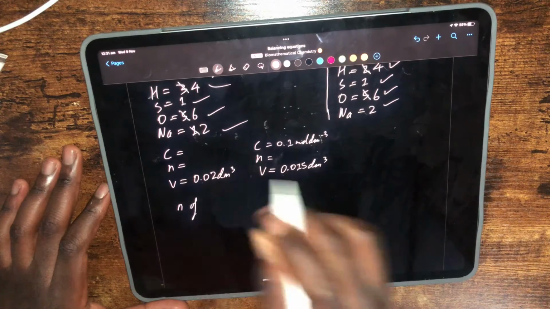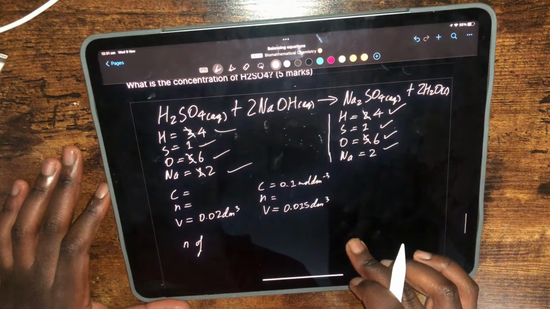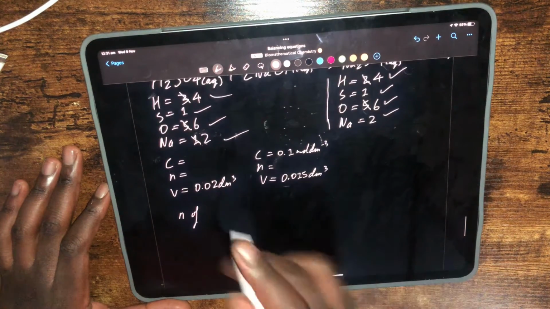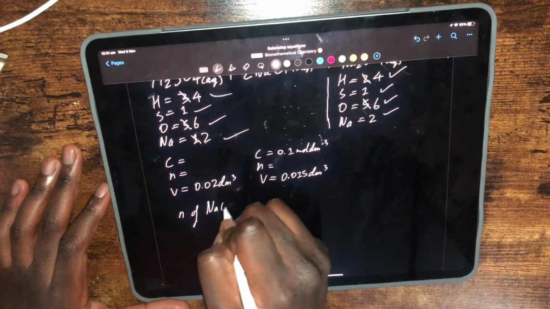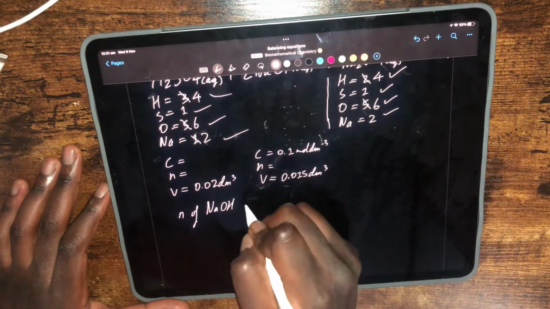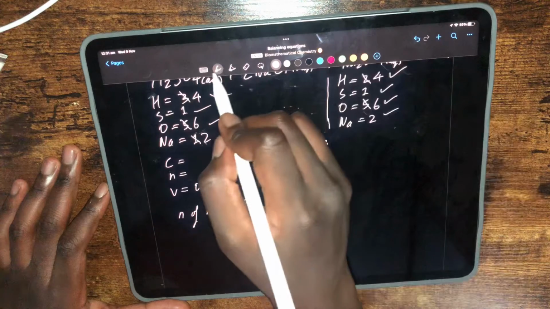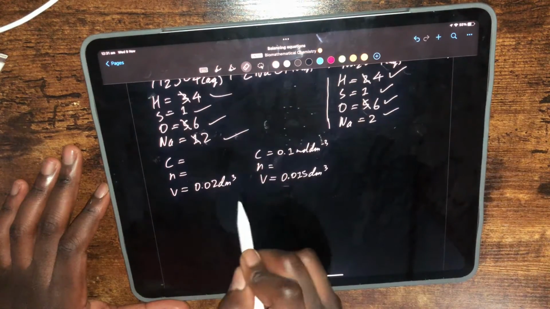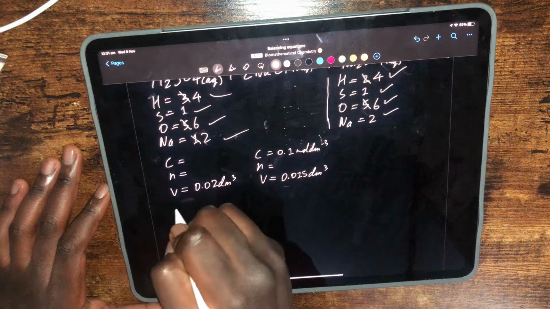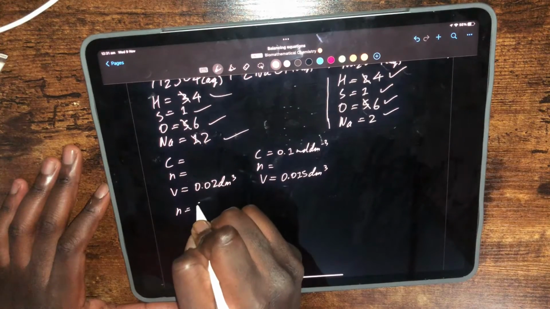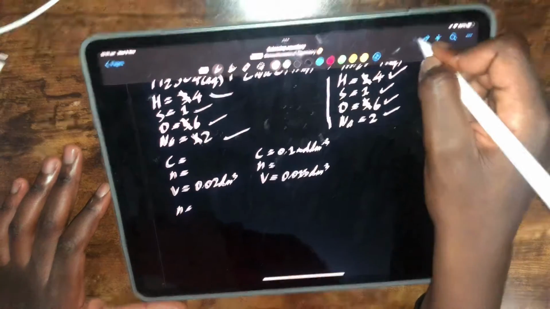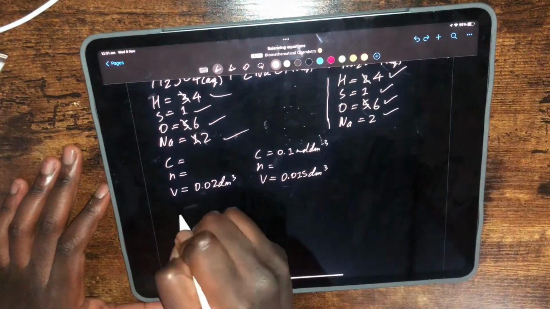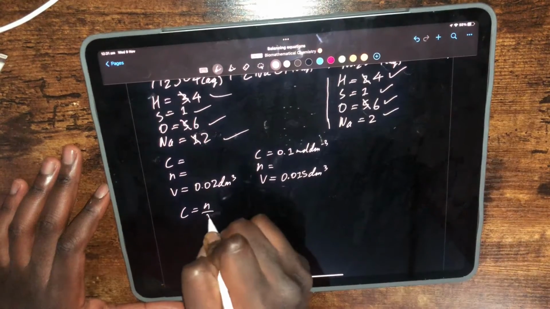So moles of sodium hydroxide. First of all, actually, let me just do: concentration is equal to moles over volume.